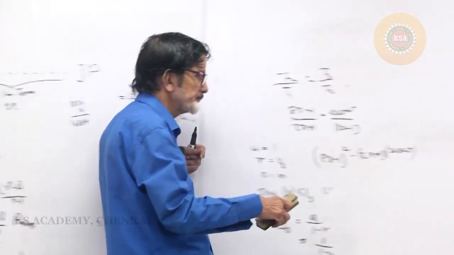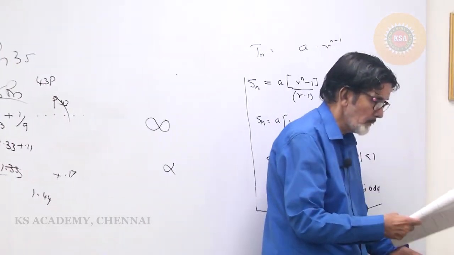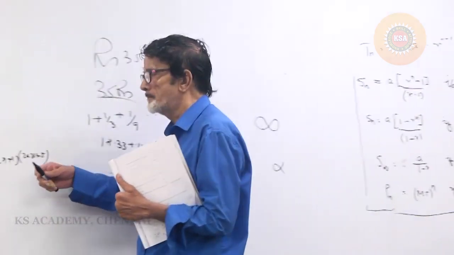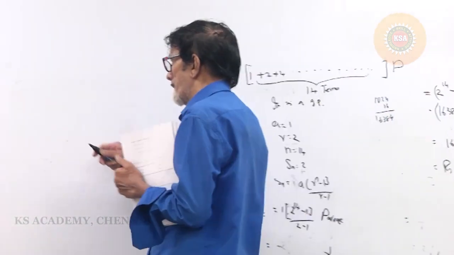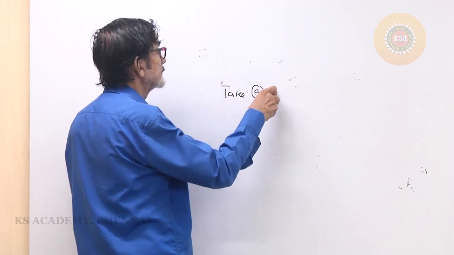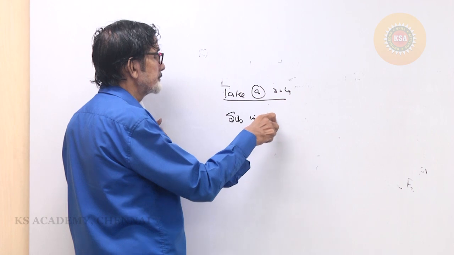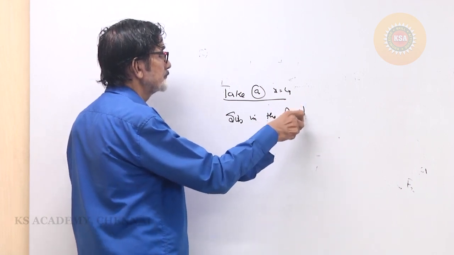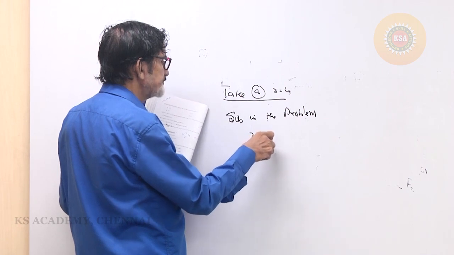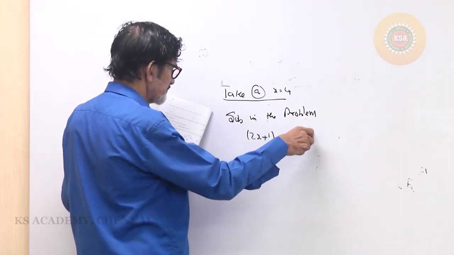Take option A, x is equal to 4. Substitute in the problem. 2x plus 1 first number, 8x minus 1 second number.